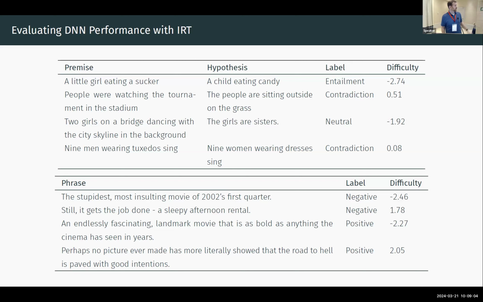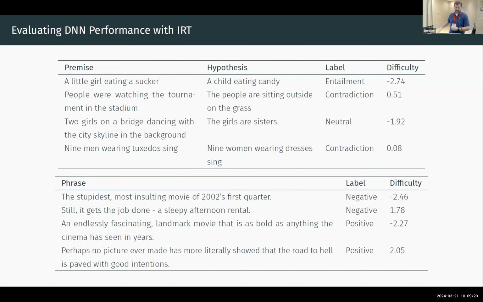Again, the sentiment analysis ones I think are more fun, because it's really easy to see the super negative example as very easy, right? That first one, not too many people are going to say, oh, that's a positive review. So again, very low difficulty parameter. But this one in the dataset is labeled as negative, which again is critical because we're assuming these gold standard labels are correct.